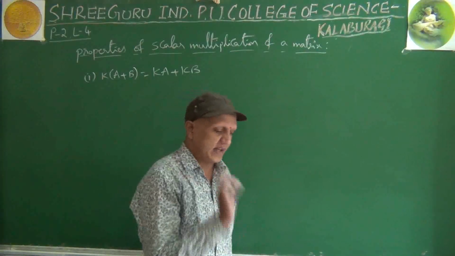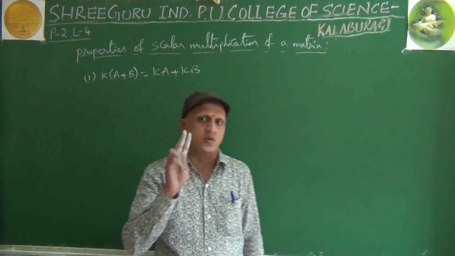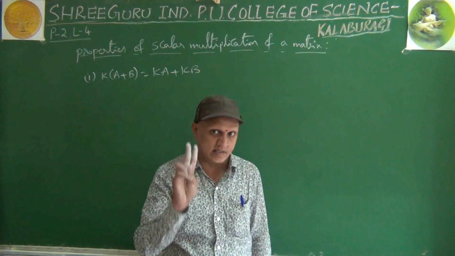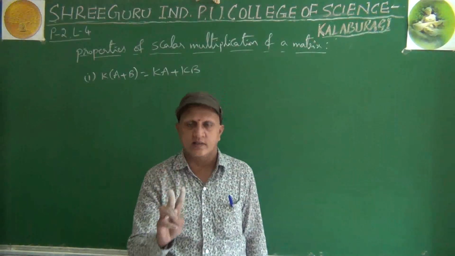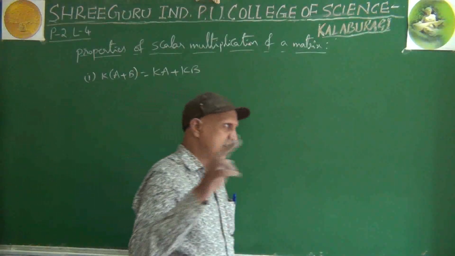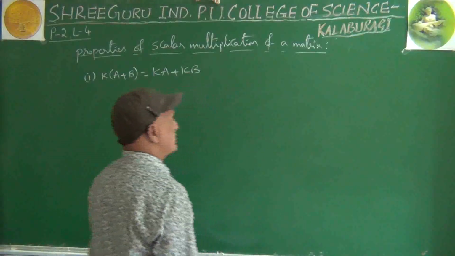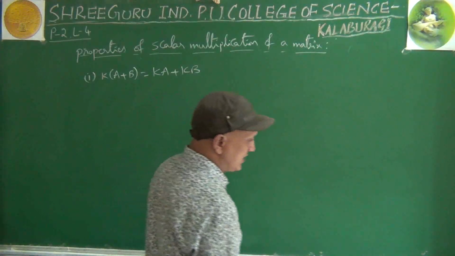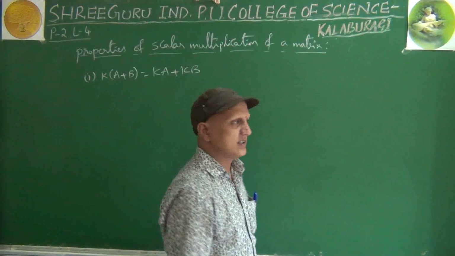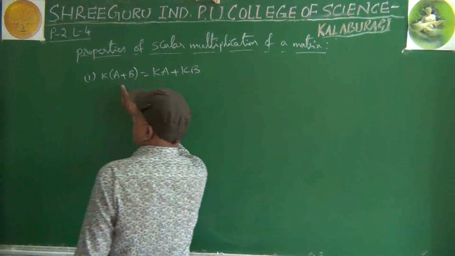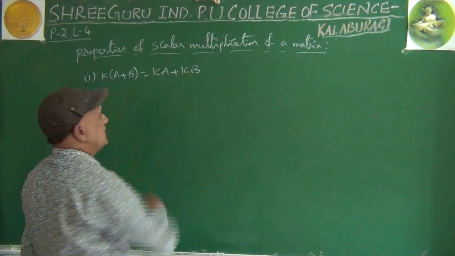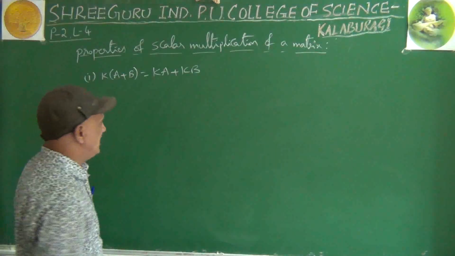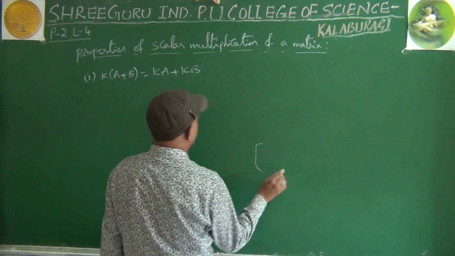Remember, whenever we are adding or subtracting two matrices, the order should be the same. Then only addition or subtraction is possible, otherwise it is not possible. So here is addition of these two and multiplication by a scalar. Let us see one example, you can understand easily.